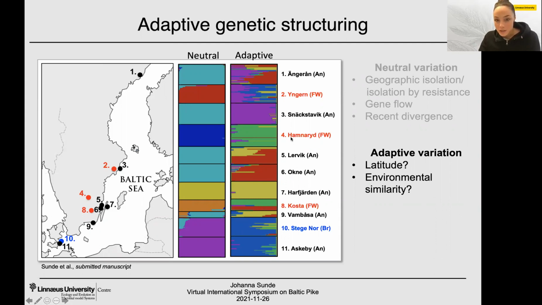And then we could also see that some of the populations that were neutrally differentiated all of a sudden share an adaptive genetic cluster.